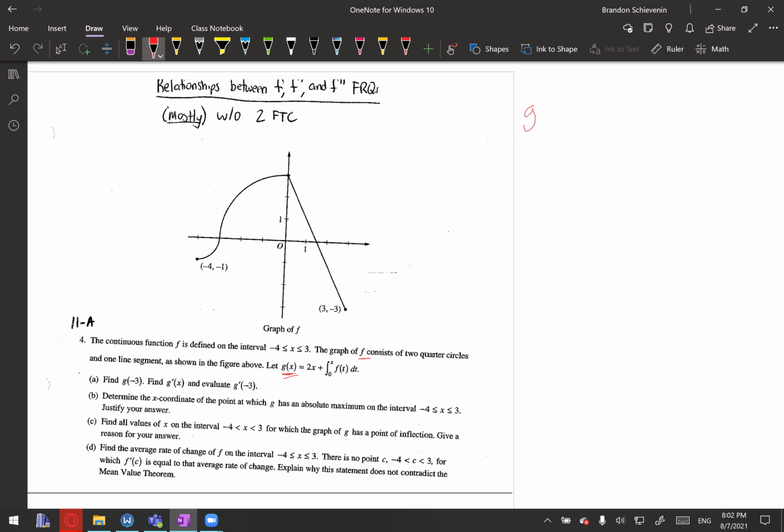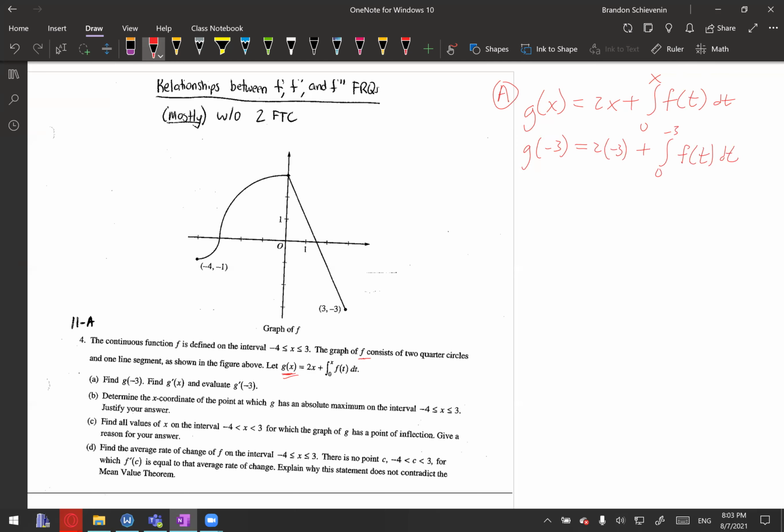Okay, so we've got this general form for g of x that was given. G of x is equal to 2x plus the integral from 0 to x of f of t. So I'm going to use the same formula, and we're just going to substitute -3. So 2 times -3 plus the integral from 0 to -3 of f of t dt.